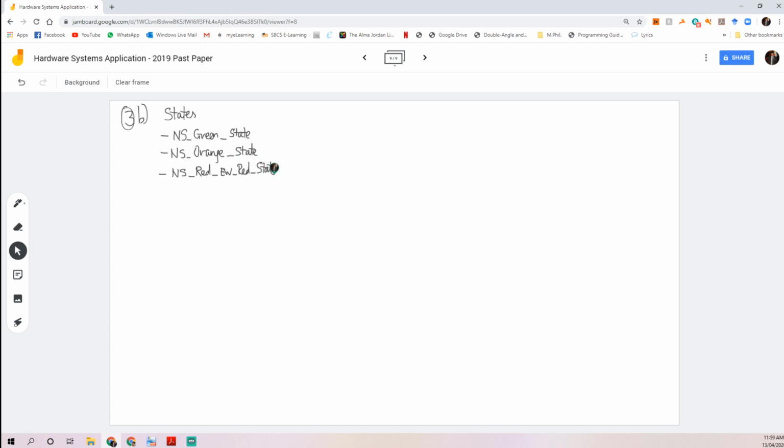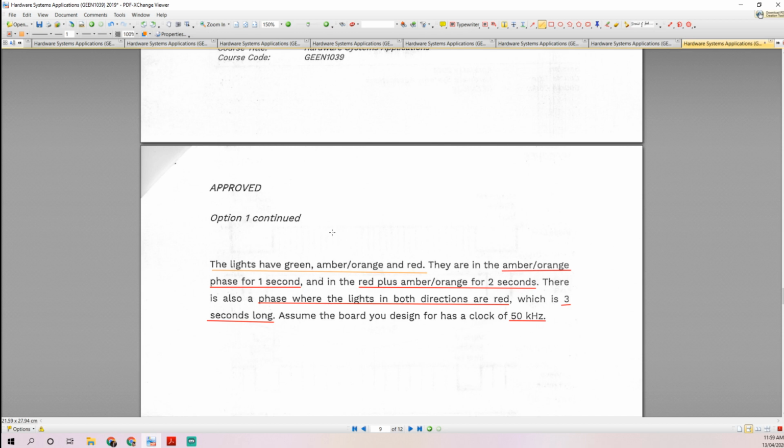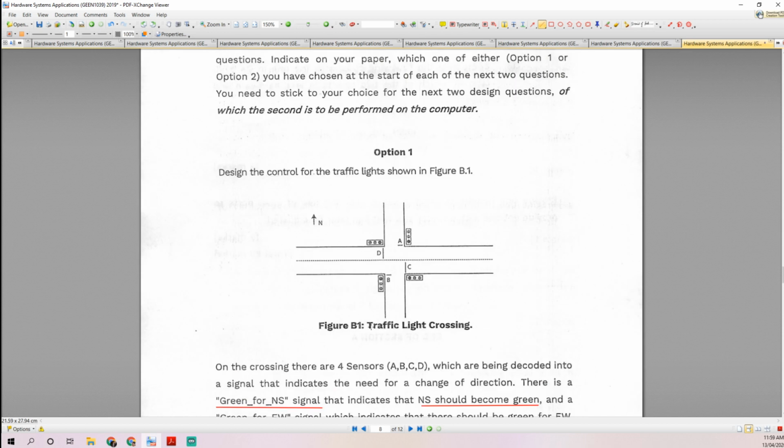We have a north-south green state, which is when north-south lights are green, right? In order to transition from north-south green to east-west green, this is going to be orange first, then this is going to be red. However, remember previously, the east-west direction was red.